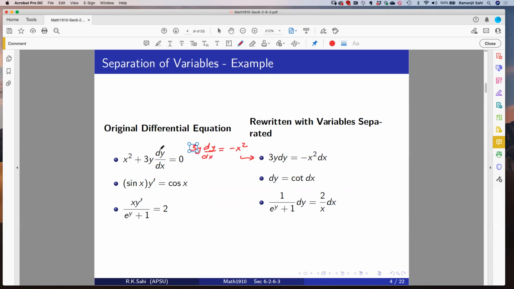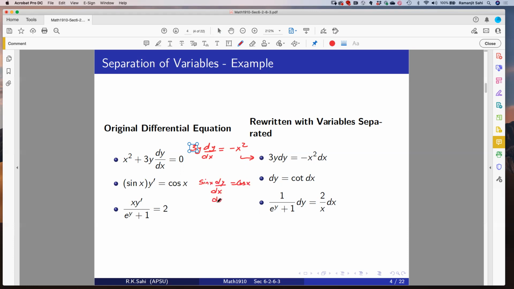Okay, now let's look at the differential equation sine x y prime equals cosine x. These are different ways of writing a differential equation. So this one can be written as sine x times dy/dx equals cosine x. Then what we're going to do is take the sine x, because we do not have any y's with it, to the right-hand side.